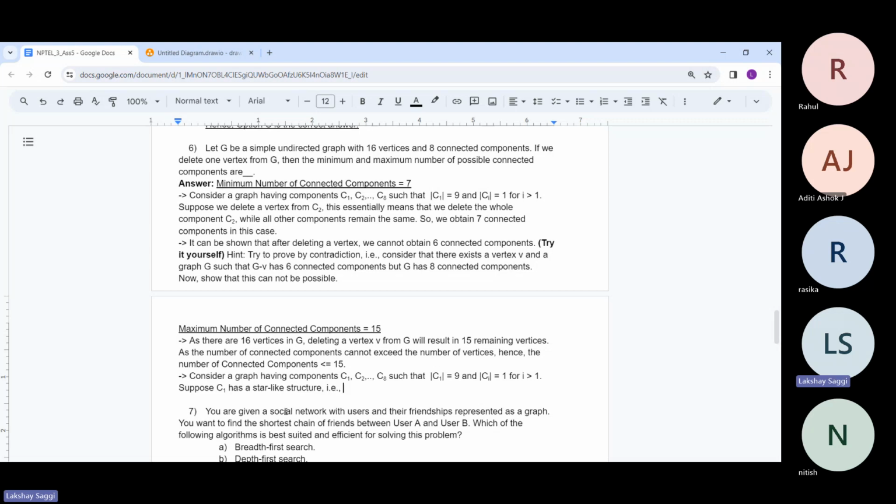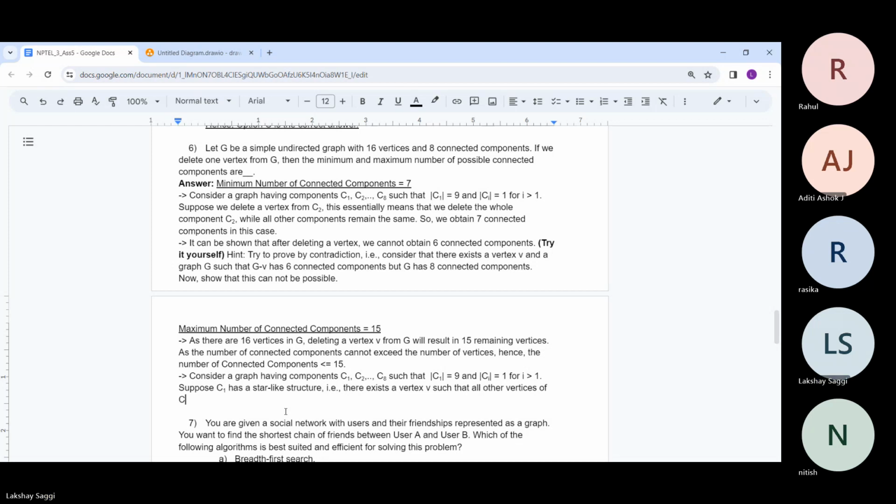A star-like structure means that there exists a vertex v such that all other vertices of C1 only have an edge to v and not to any other vertex.